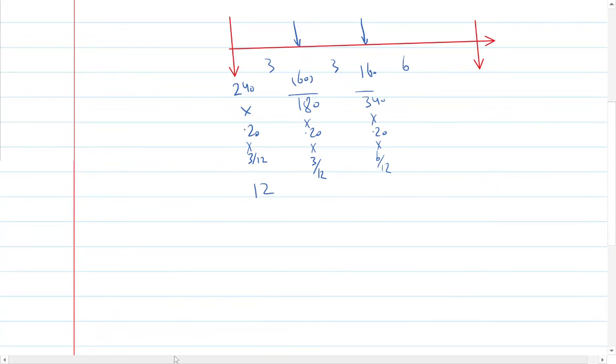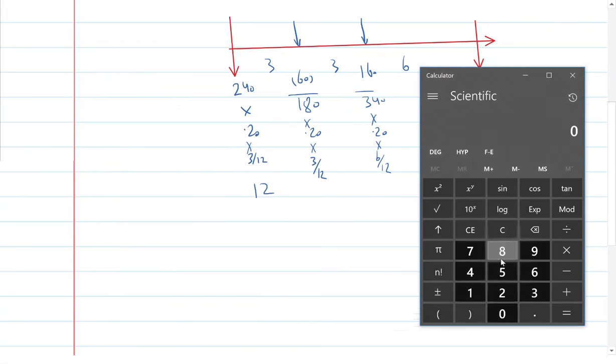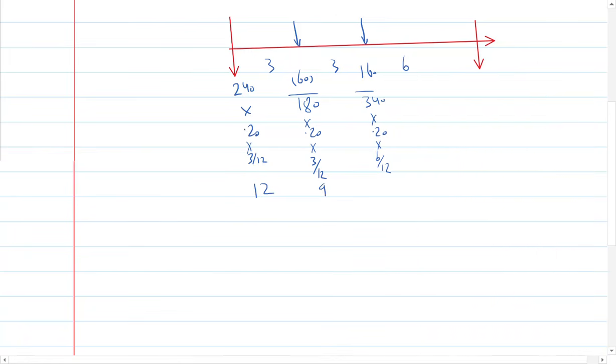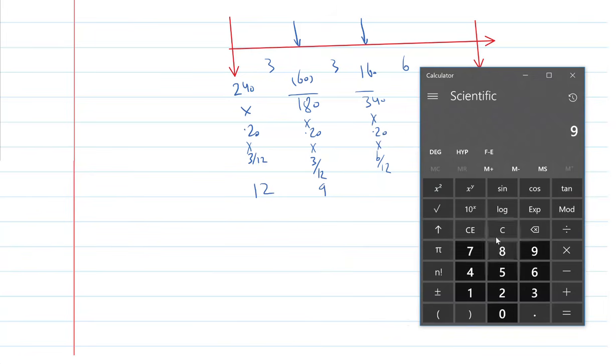And then 180 multiply by 0.20 multiply by 3 divide by 12, 9. And then 340 multiply by 0.20 multiply by 6 divide by 12.